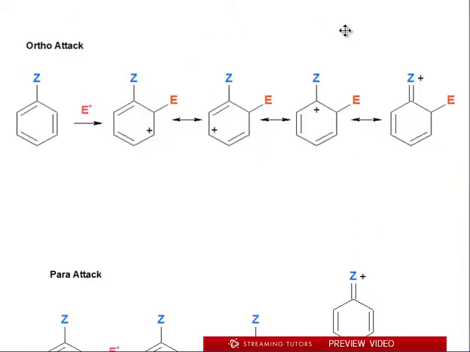Let's take a look at right here, an ortho attack. So imagine that this right here is an activator. So it's an ortho-para director. So this could be an activator, or it could be a halogen, right? That's what we know. Now, if this is a halogen or an activator, that means that when the next group comes in, it's going to go ortho or para to it, and I'm going to put it ortho.